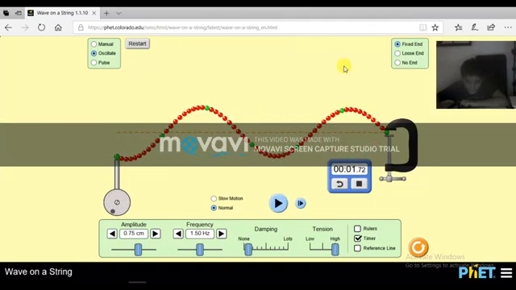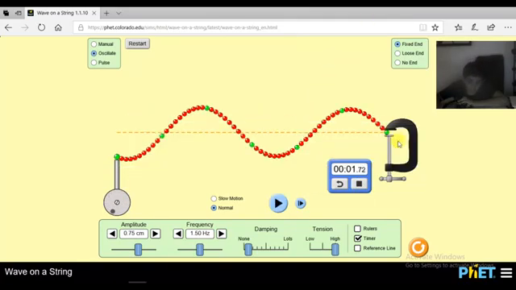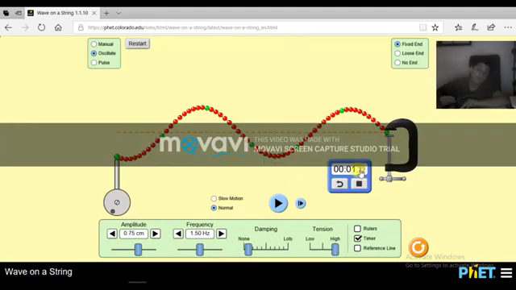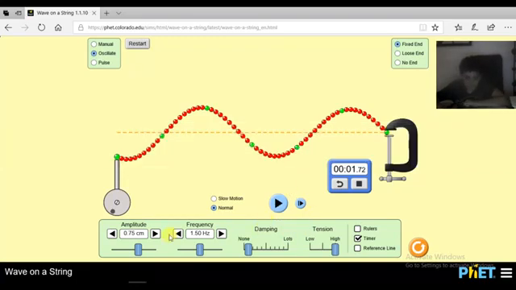Stop. The wave period measures the time it takes for the whole wave to finish. Usually it's 1.72 seconds. Because I didn't see it well, it's about 1.72 in this. It should be more than the frequency, so let's see.